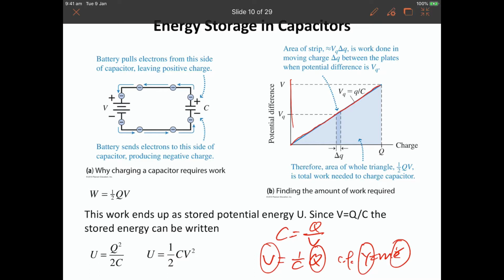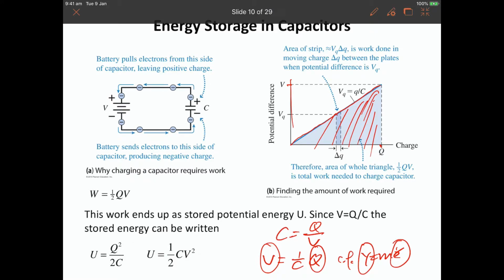But this time you're not interested in the slope. You're interested in the area. The area is, once you store so much charge at this position, how much energy you stored in this capacitor. Make sense now?